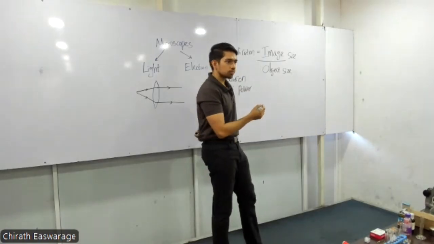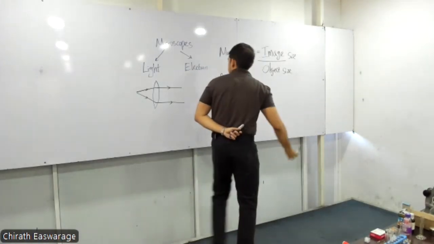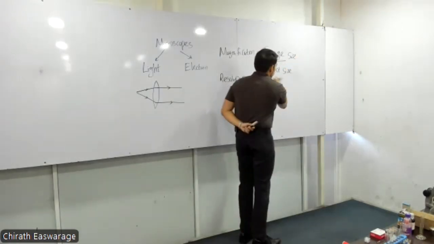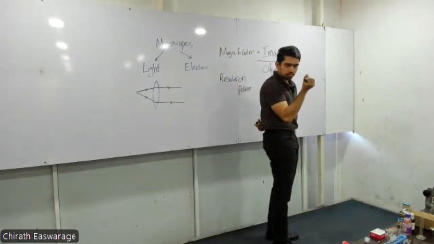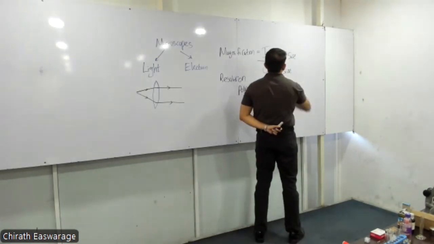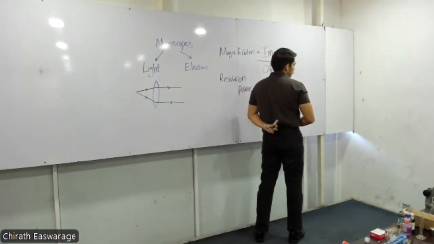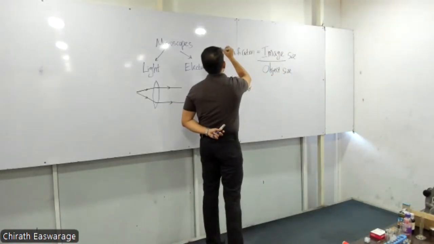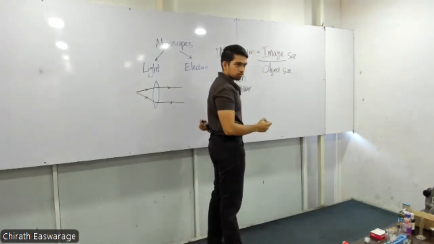So always, what are we trying to do? Using a microscope, we are trying to generate a big image. Objects are very small, like a cell. It's a very small object. The image should be very big. That's what we are trying to do. So when the image size increases, the magnification increases. So it's a good thing in a microscope.